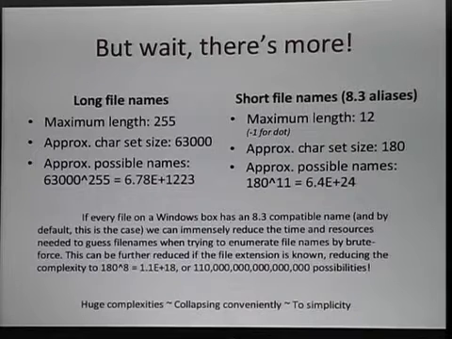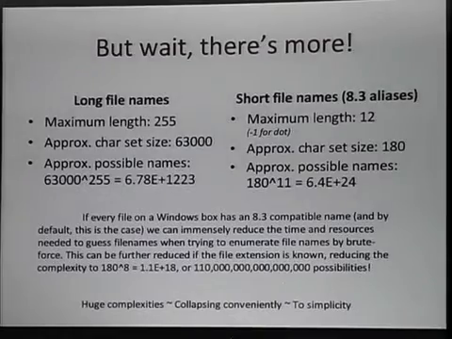When we know the file extension, the number of possible 8.3 compatible names, which every file, by default on a Windows system, can be referred to with, we have about 110 quadrillion possibilities, which for a computer isn't too bad.